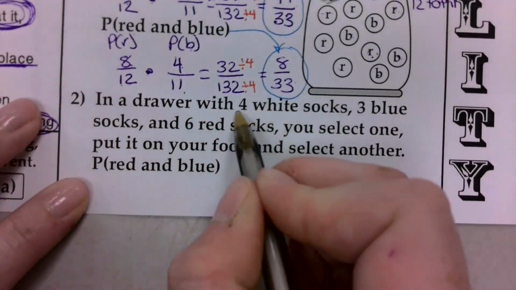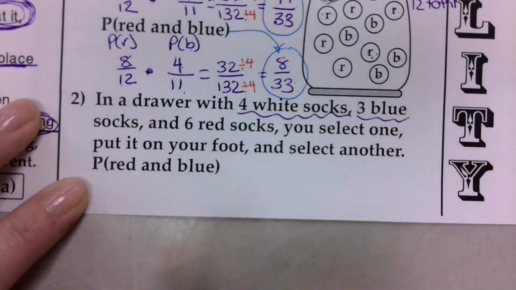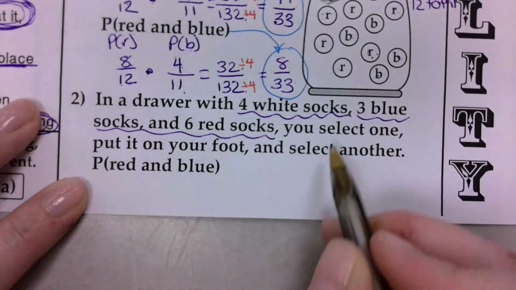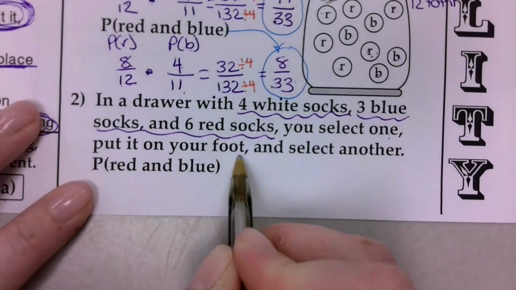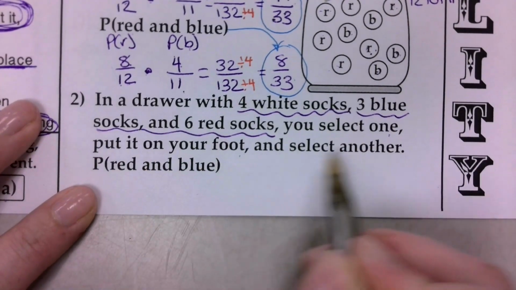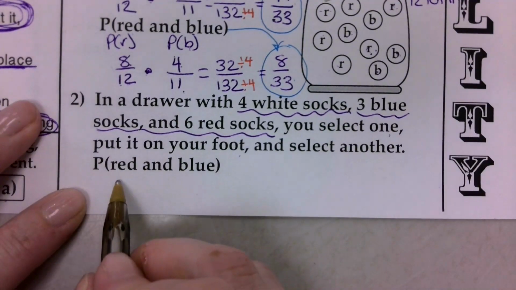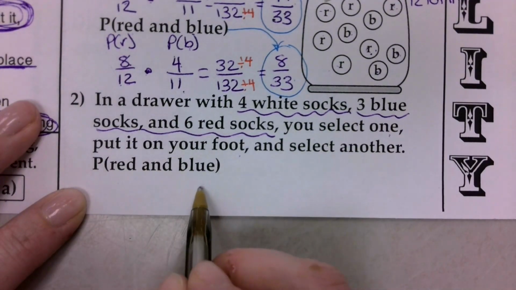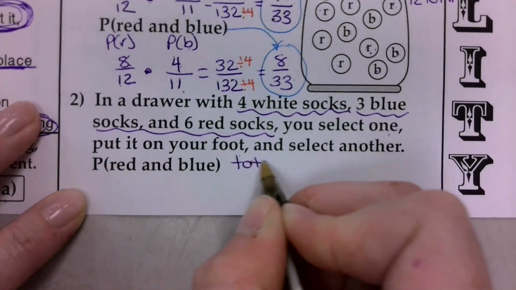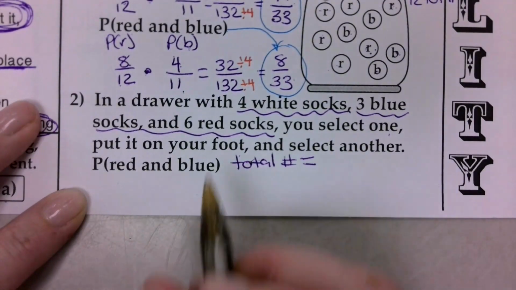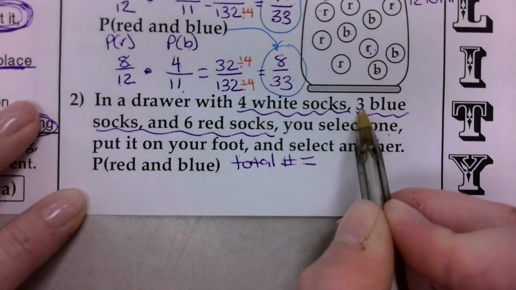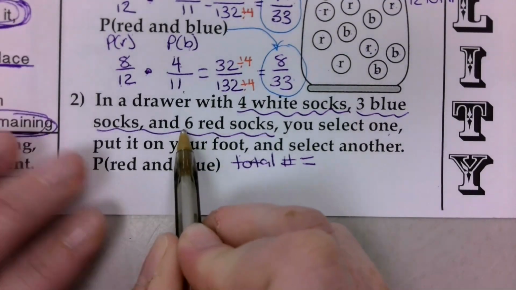In a drawer with 4 white socks, 3 blue socks, and 6 red socks, you select a sock, put it on your foot so it's no longer in the drawer, and select another. We want to know what's the probability we select a red and then a blue. Well, one thing we need to know is the total number of socks, which in this case would be 4 plus 3 plus 6.